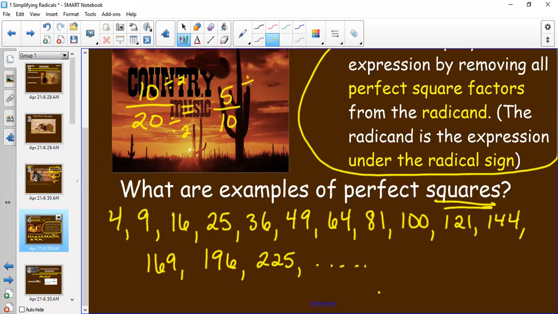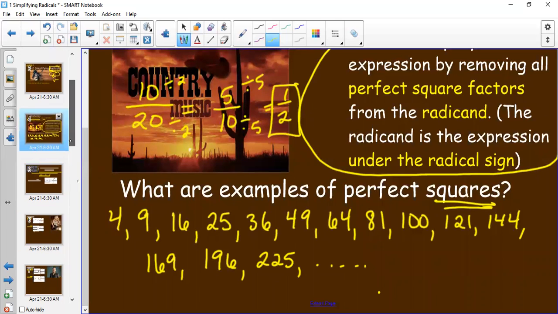We might be able to simplify again if we didn't pick the biggest number first to get our final answer of 1/2. So we're going to keep going until we can't go any farther. So just like fractions, radicals might come into the same kind of concept. They might have to keep going if we didn't get the biggest one first.